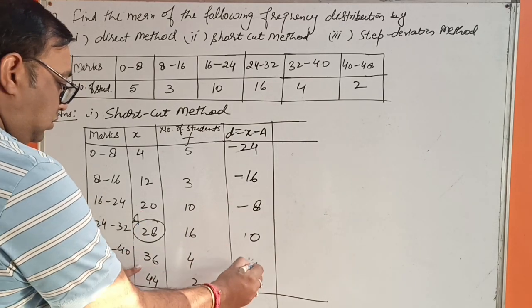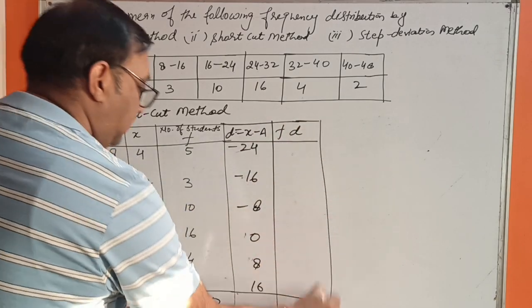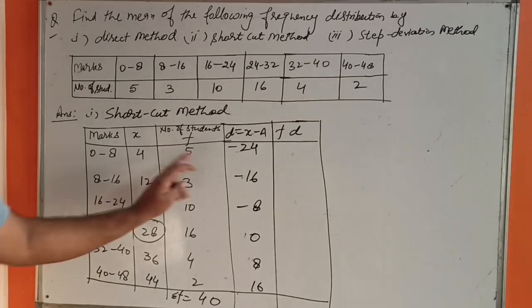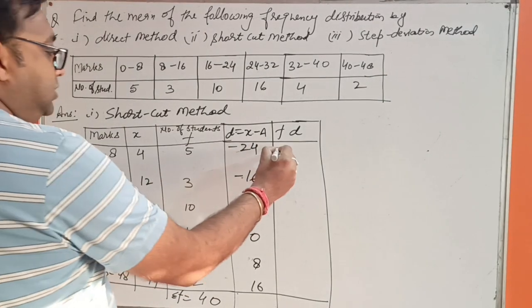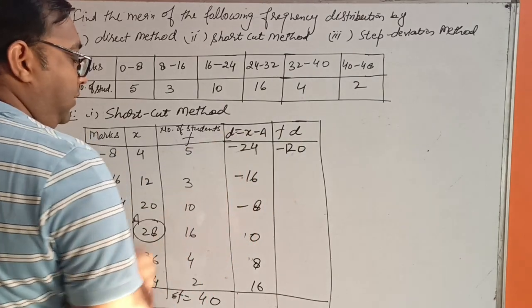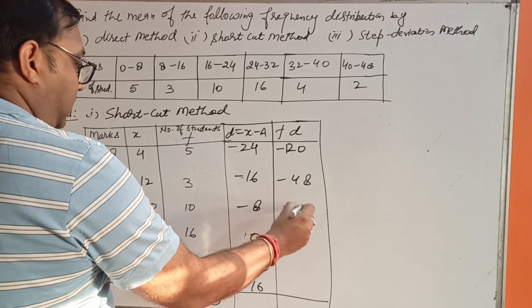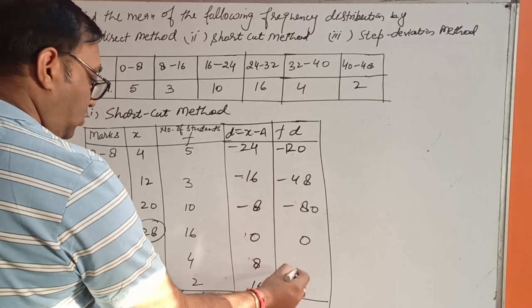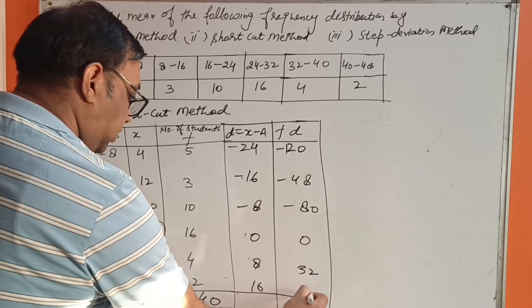This is 0, 8 and 16. Now find FD. You have to multiply this and this. So 5 into minus 24 is minus 120, minus 48, minus 80. This will be 0, this 32 and this also 32.